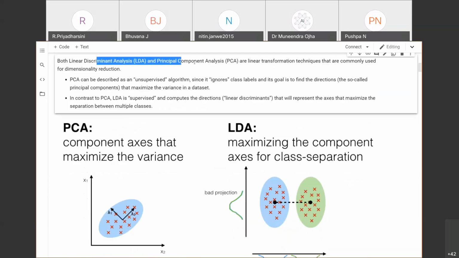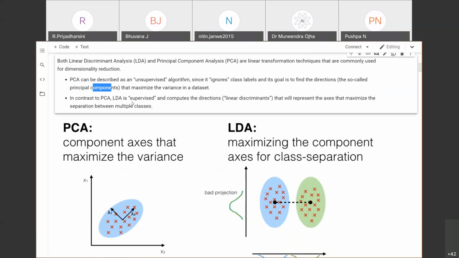Both LDA and PCA are linear transformation techniques that are commonly used for dimensionality reduction. PCA can be described as an unsupervised algorithm since it ignores class labels, and its goal is to find the directions, the so-called principal components, that maximize the variance in the dataset.